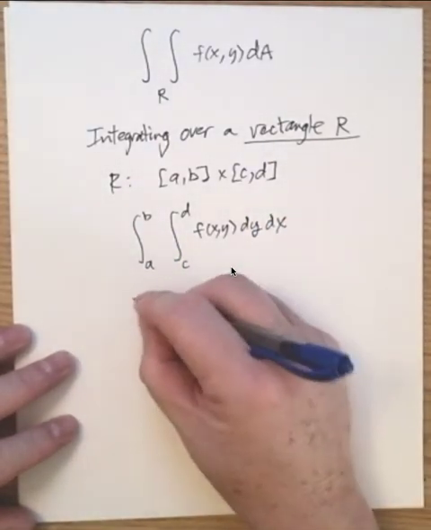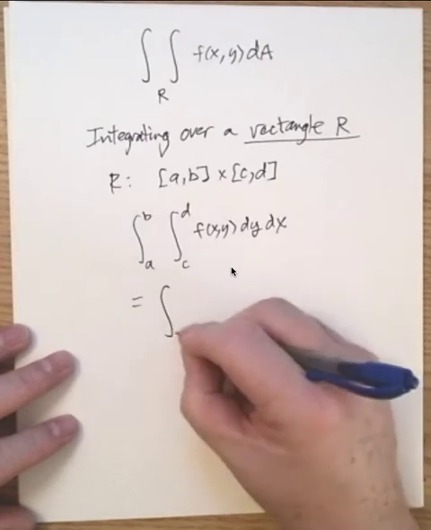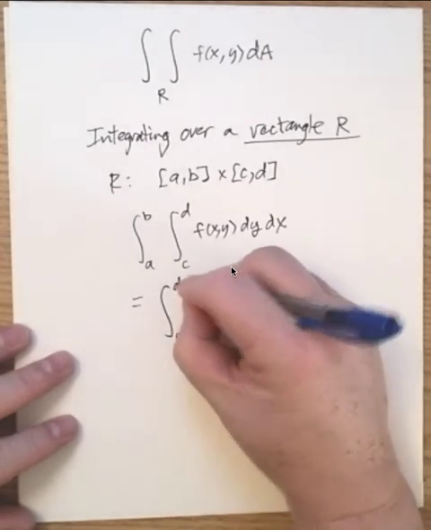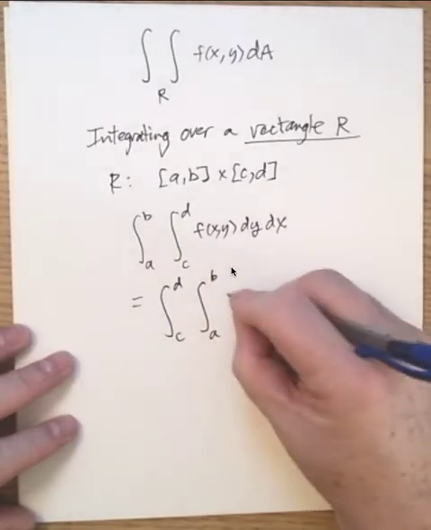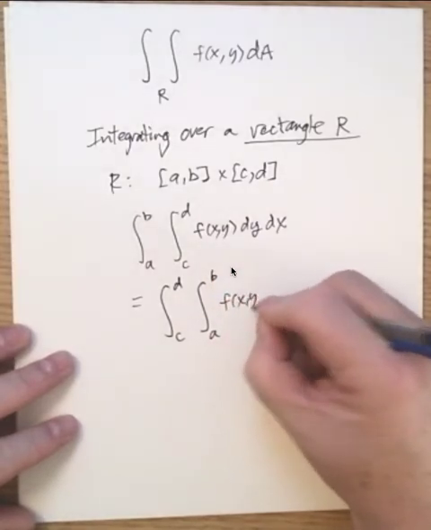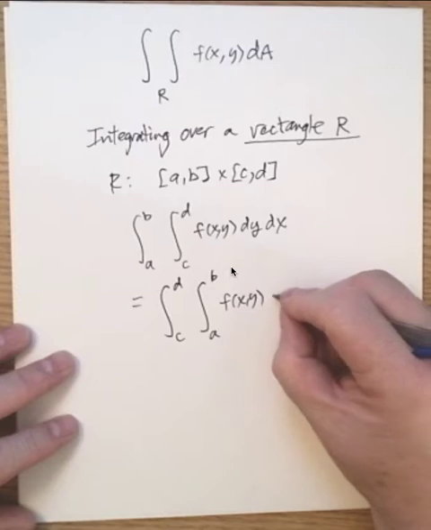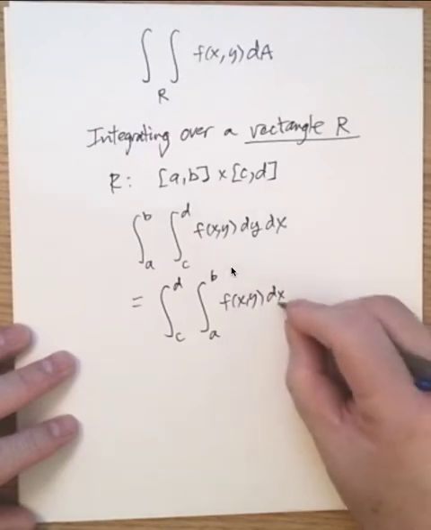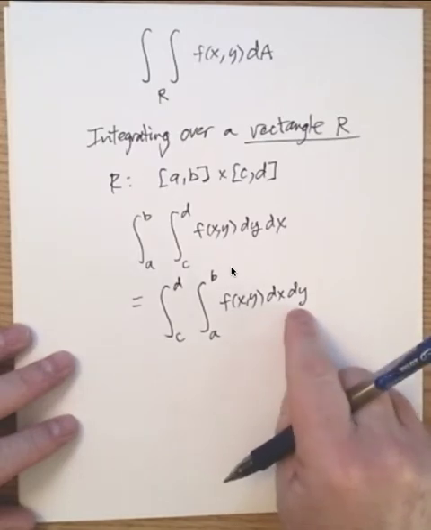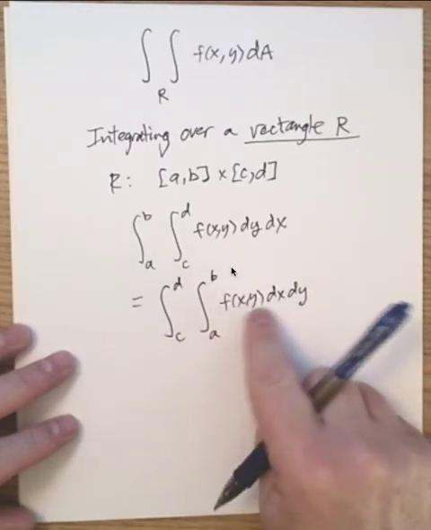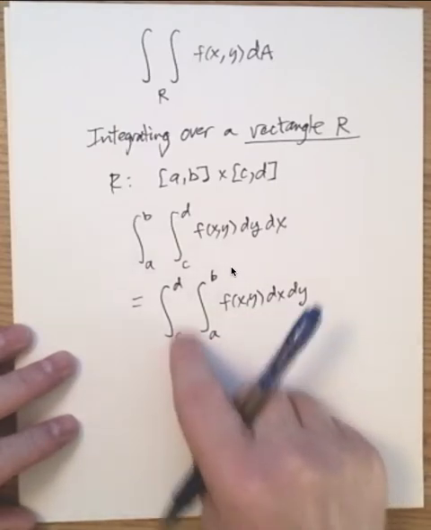Or I could turn this around very simply and do the following. Maybe I would rather integrate in the x direction first. So then you guys see my inner integral, I'm actually integrating in the x direction first. Therefore, I have dx. And then once I'm done with that, I've got whatever that result is, which is going to be, in general, a function of y. Then I would integrate that out from c to d.